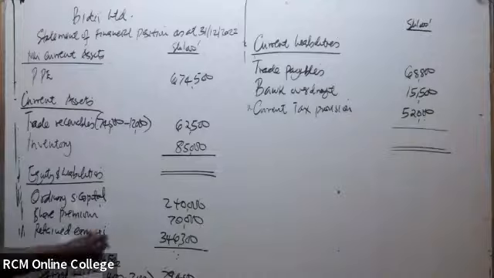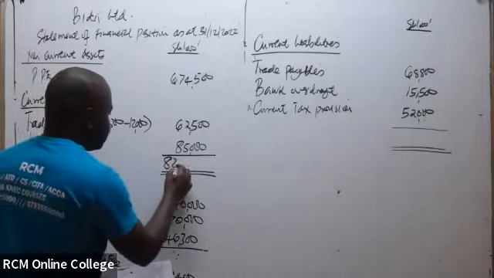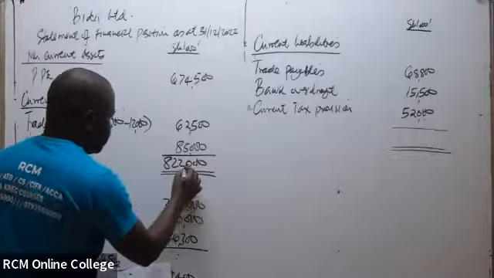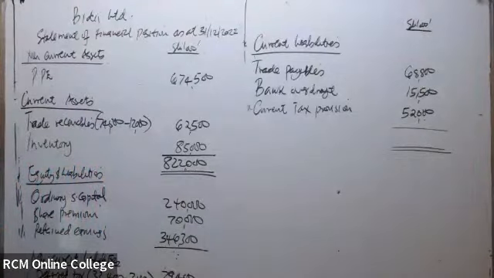Nekasi is saying 822 million. What's the total for equity elements here? 656,300.